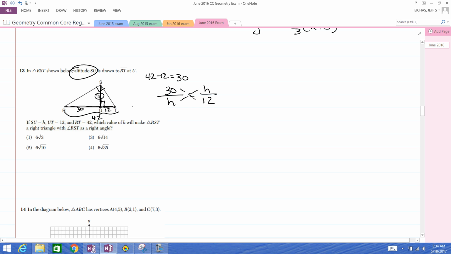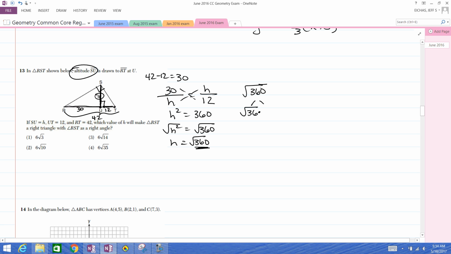You could write a similarity statement and do the same thing. So h squared equals 360. Square root of h squared, square root of 360. What you look at is none of the choices are of this form. They all look like their simplest radical form. So we're going to take the square root of 360 and simplify it.